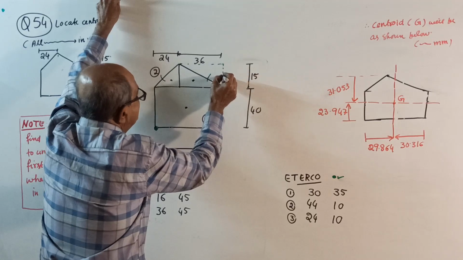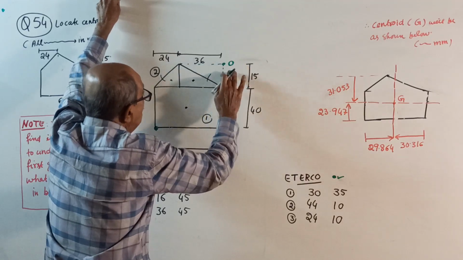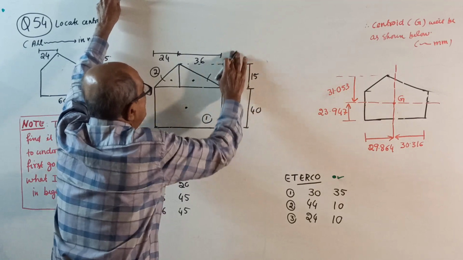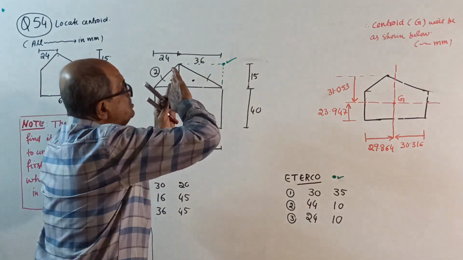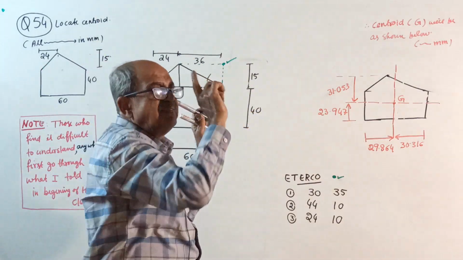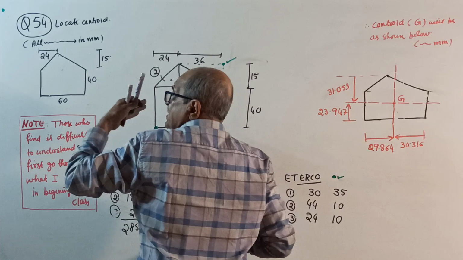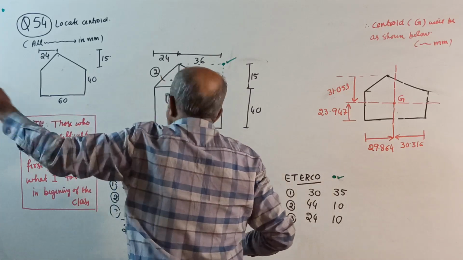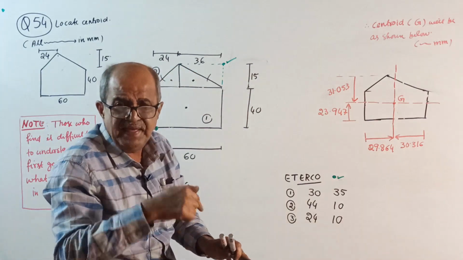This one. Here. O. O also I am not writing. Why should I write O? This one, right. Okay. Once you come to extreme right, nothing should be there on this side. Once you come to extreme left, nothing should be there on this side. Once you come to extreme bottom, nothing should be there below.